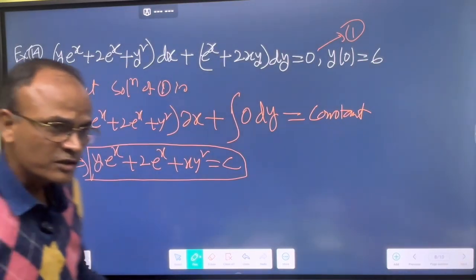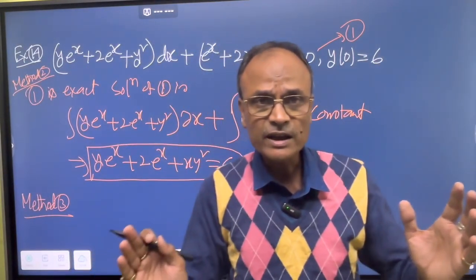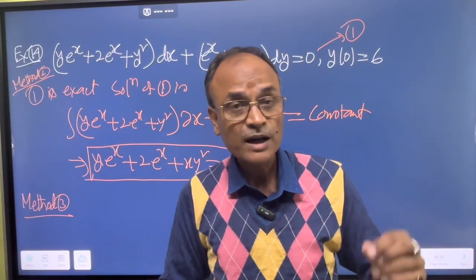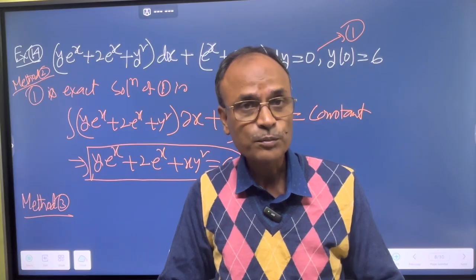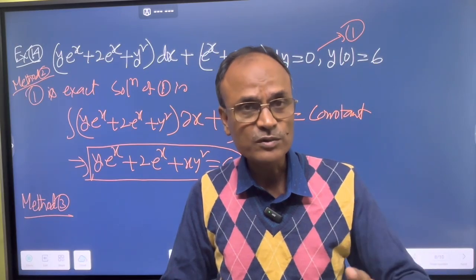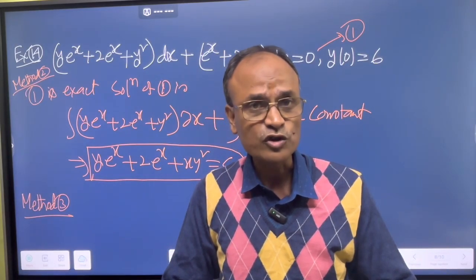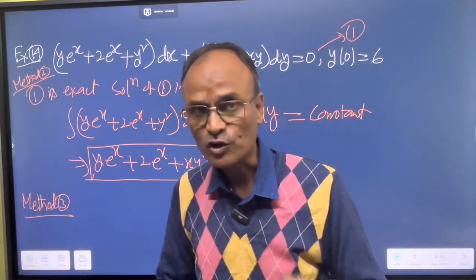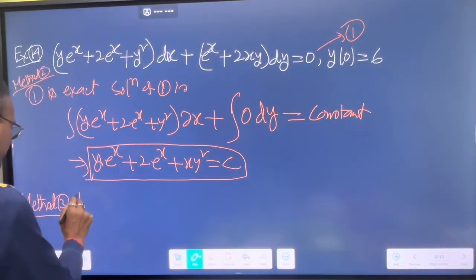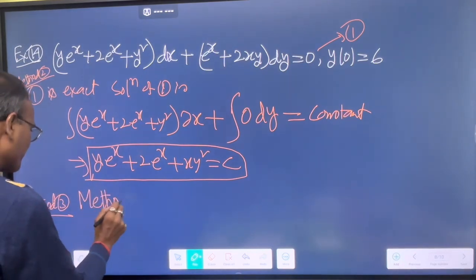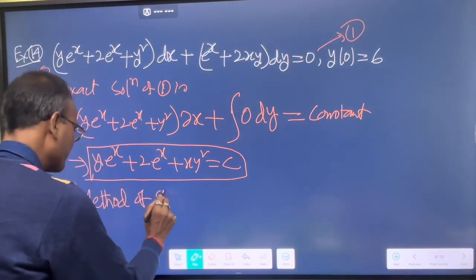In the examination, you should apply any one of these methods. For your convenience, I have solved these differential equations by 3 methods. Method 3 is the grouping method, the method of grouping.